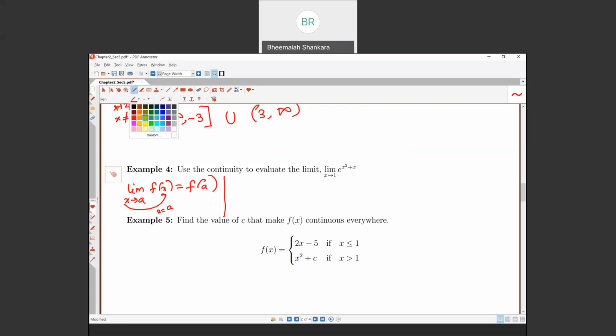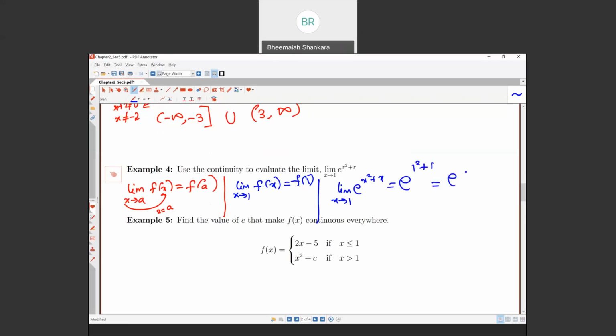In this example, we are going to write limit x approaching 1 of f of x equal to f of 1. So now we write limit x approaching 1 of e to the x square plus x. This is your f of x in the problem. Plug in x equal to 1, 1 square plus 1. So this is 1 plus 1, and then we have e to the 2.